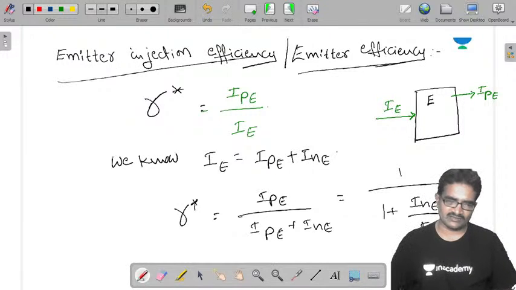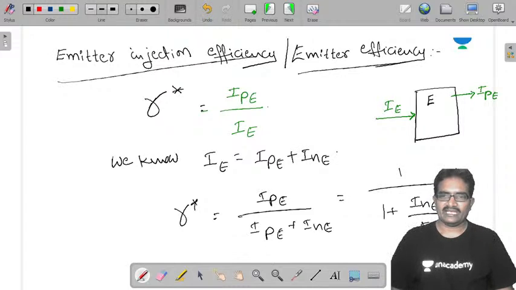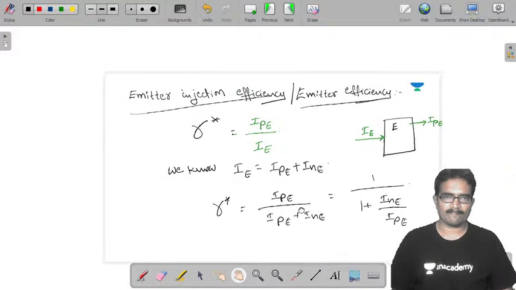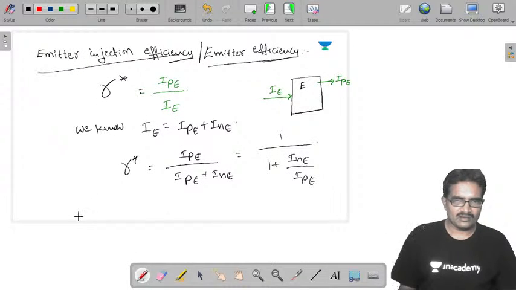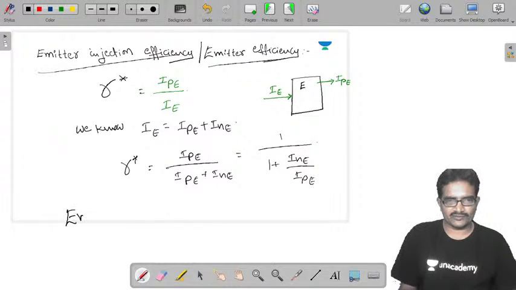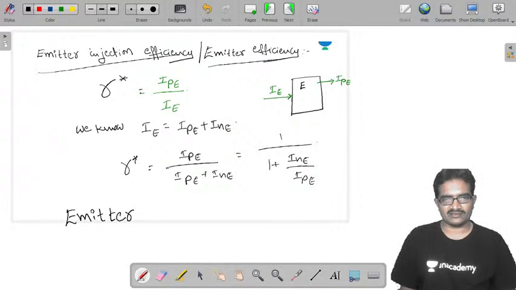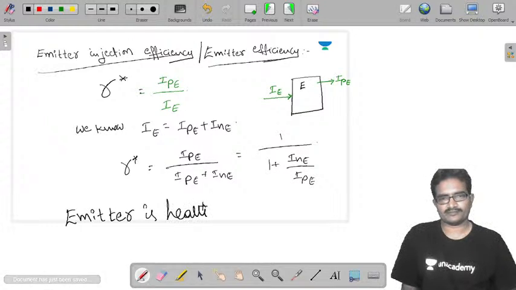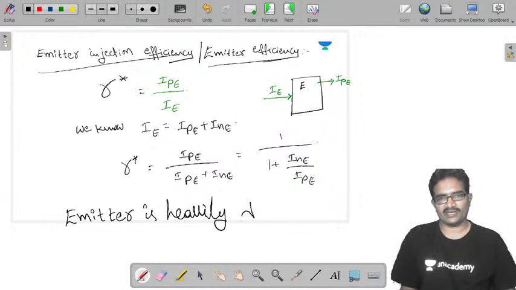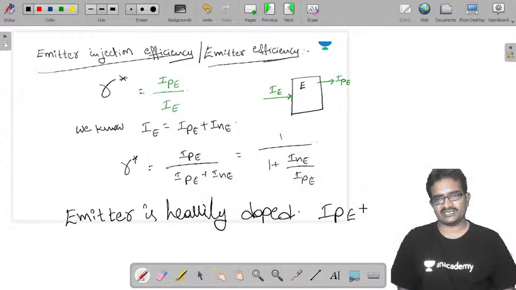And one more thing here, did you observe? The emitter is heavily doped. From the transistor construction we confirmed that the emitter is heavily doped. So once the emitter is heavily doped, we can write IPE is much greater than INE.